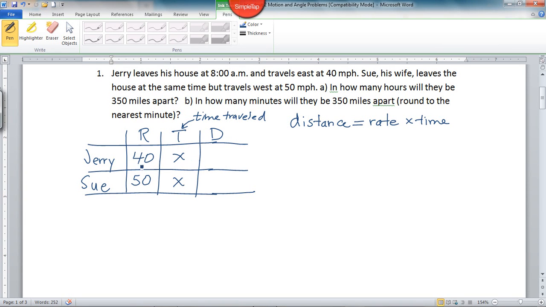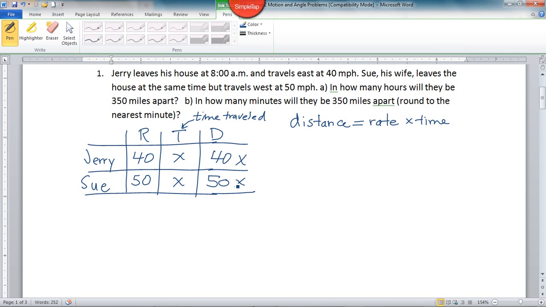So in Jerry's case, we'll have 40 times x, 40x. And then in Sue's case, we've got Sue's rate 50 times x. So the distance, rate times time, will be 50x. All right, so that basically completes our table.